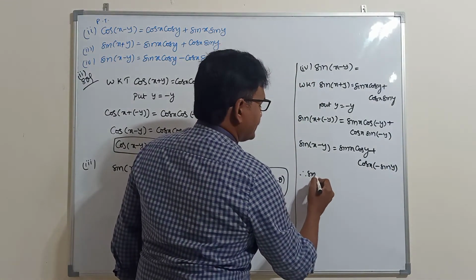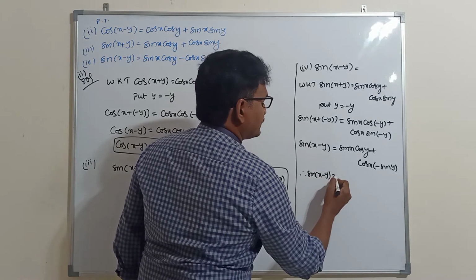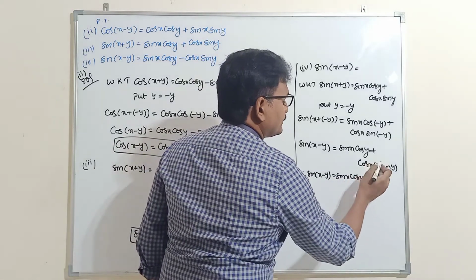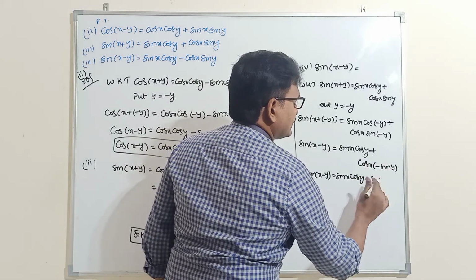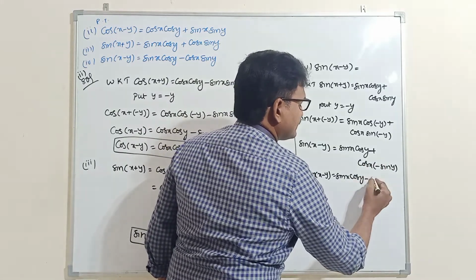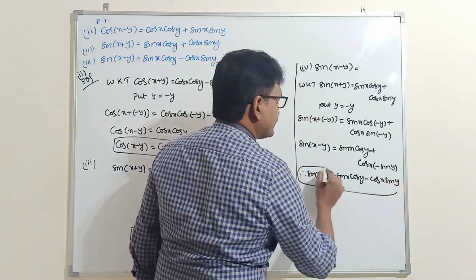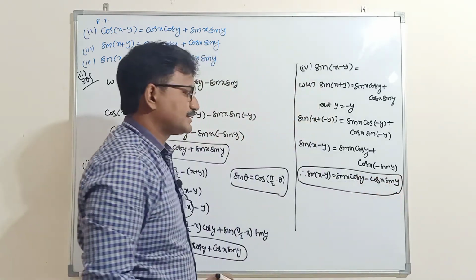Therefore, sin of x minus y is equal to sin x cos y minus cos x sin y. So this is the formula for sin of x minus y.